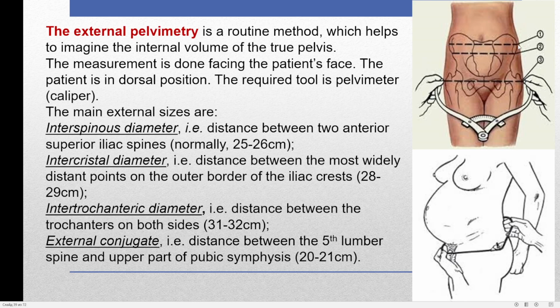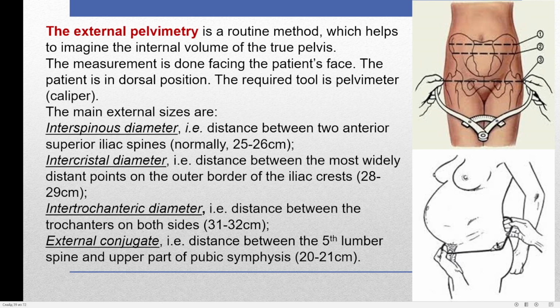Next one is the intertrochanteric diameter, or distance between the trochanters on both sides. Normal number is 31-32 centimeters. Of course, all these parameters, all these numbers you must remember from the first half of your cycle in fourth course.